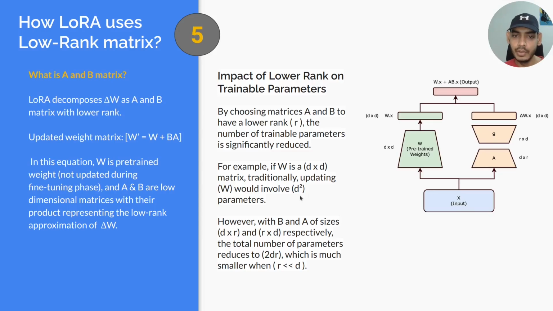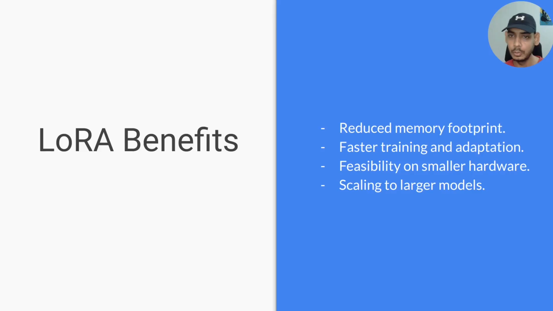But when you do it with the low rank matrices B and A, of sizes D into R and R into D, you only update 2DR parameters, where R is much less than D. So we have reduced it from D square to 2DR, which reduces the overall training cost, brings memory efficiency, and helps with the loading and sharing of the models.